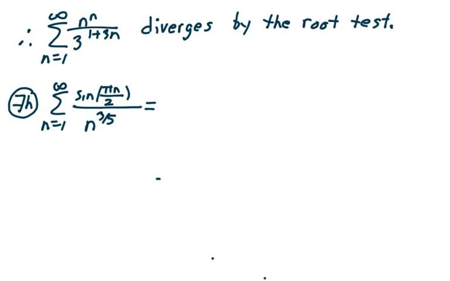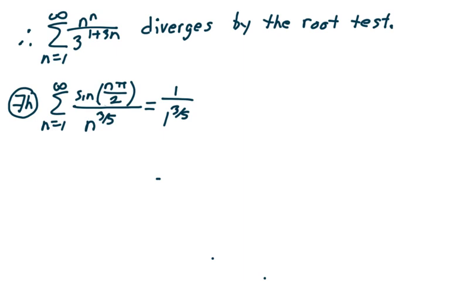If I let n equal 1, sine of pi over 2 is 1, right? I'm just going to rewrite this a little tiny bit. So this is n pi over 2. So when n is 1, we get 1 over 1 to the 3/5.